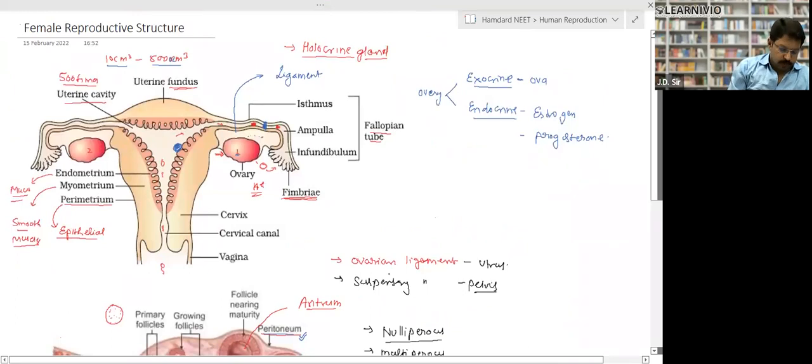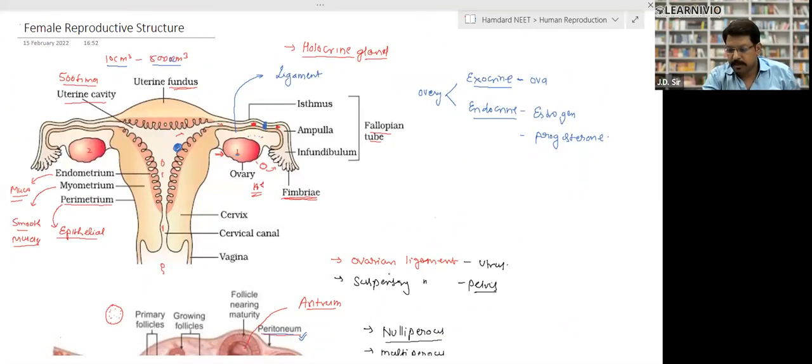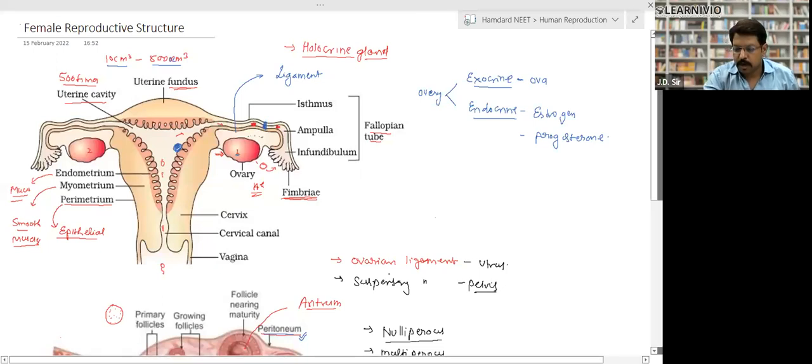One more thing, which is a bit important, that these terms are given over there: labia majora, labia minora, clitoris, and hymen. So give me one second.